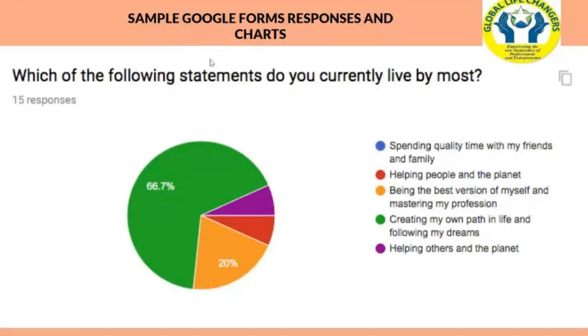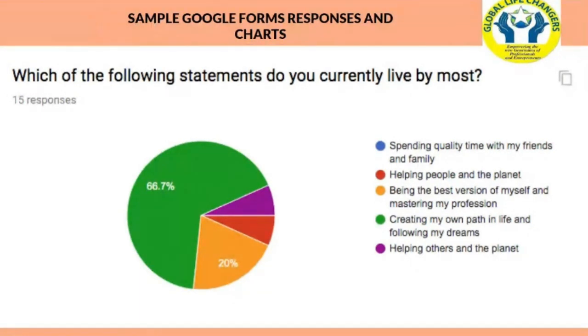So let's take a look at this chart. So this is how the Google Forms results look like in a chart. The answers participants give to every question are summarized in chart form. And with a glance, you'll be able to see which question or which answer is leading. Here, the question was, which of the following statements do you currently live by most?